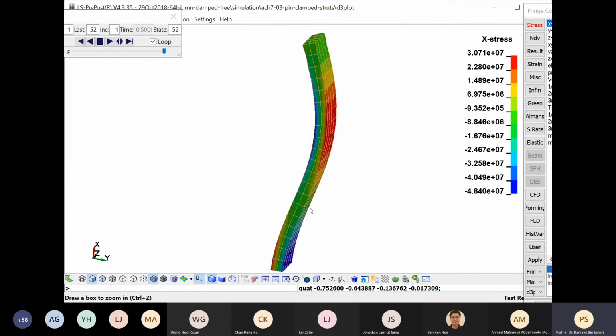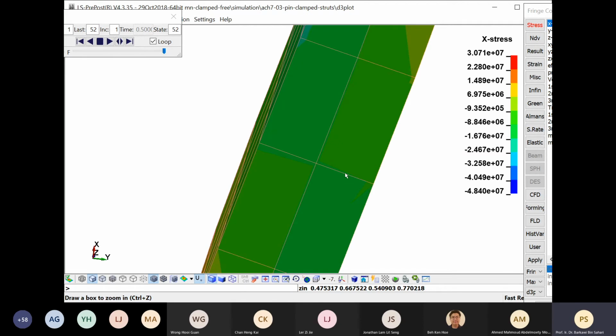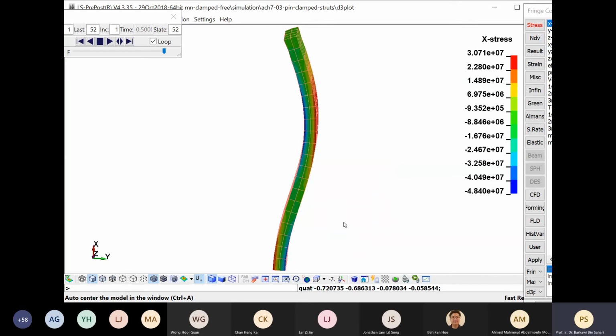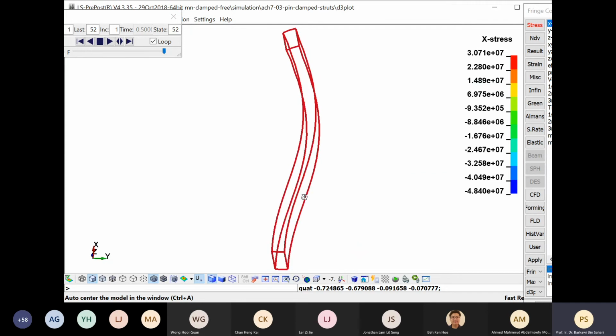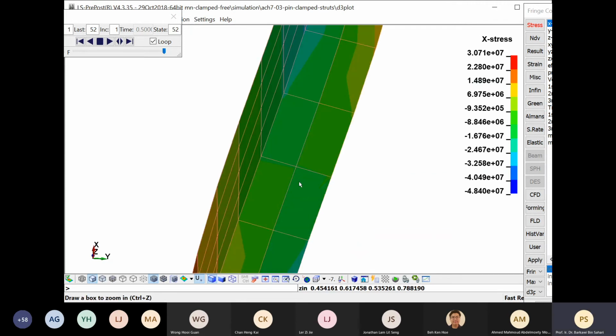Can you see the arrow on this one there? Yeah, this area. This is the area of zero bending moment. So in other words, the effective length is basically the distance from the top until this particular distance, right there.